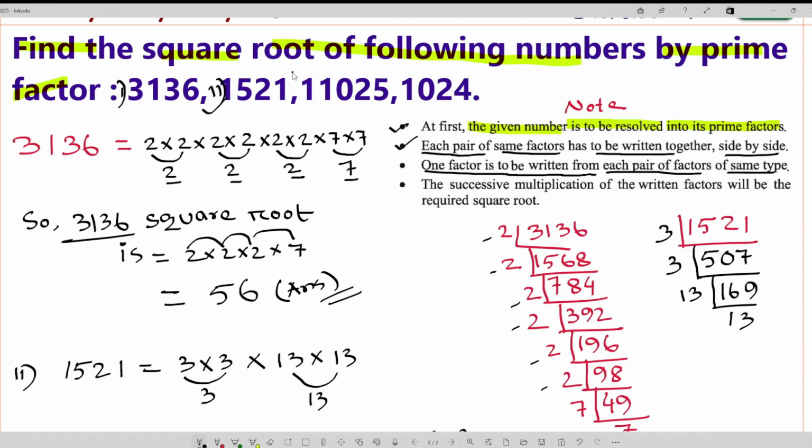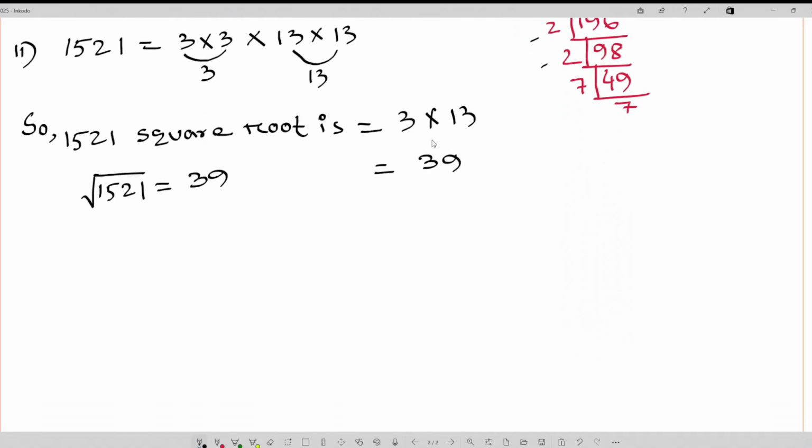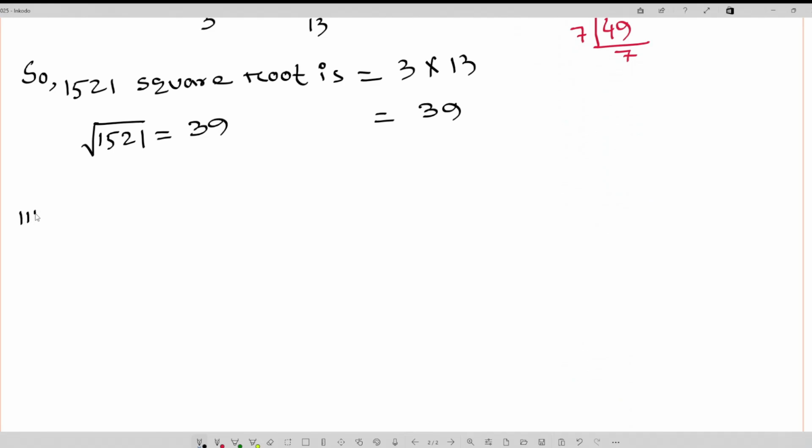Now the third one is 11,025. Okay. So this one is an odd number.